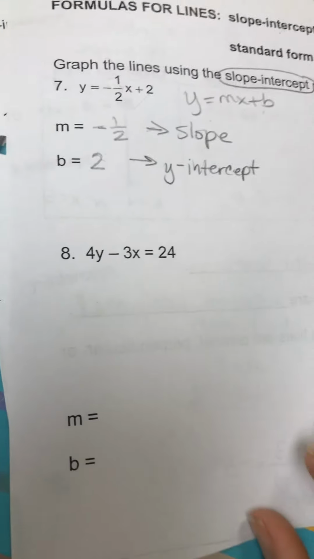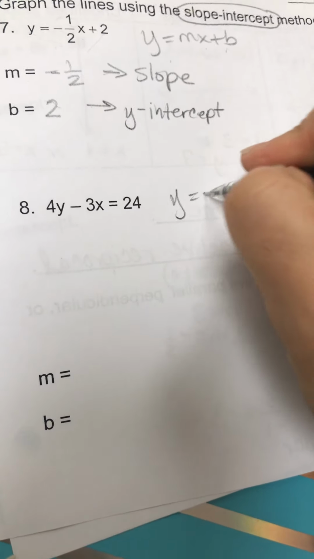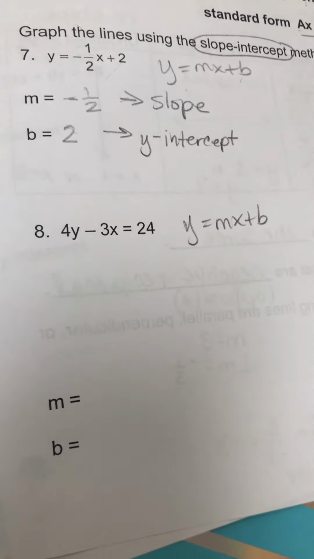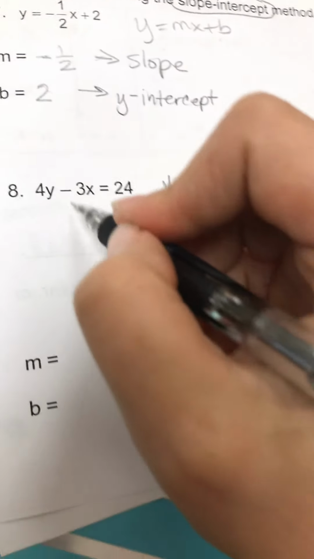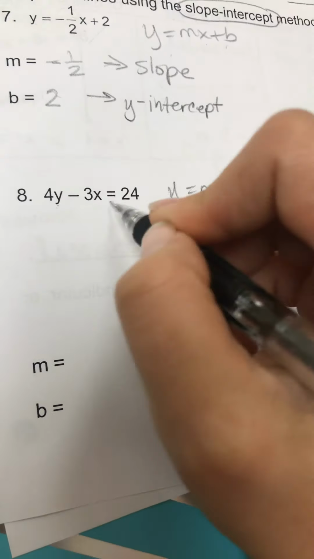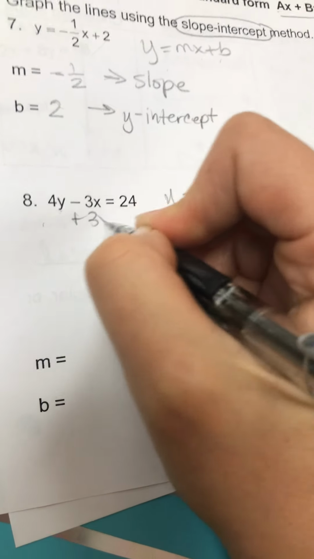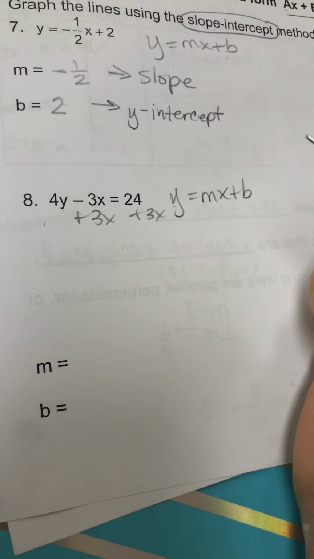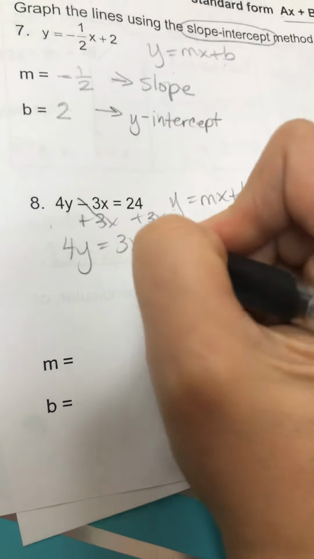Okay, so now let's look at number 8. All right, so we're trying to get it in slope-intercept form. The instructions are the same, so we still need to get it in slope-intercept form. But it doesn't look like that, so we need to change it. So you're going to solve for y so you can get it in this form. So you're going to add your 3x to both sides. And you're going to get 4y equals 3x plus 24.